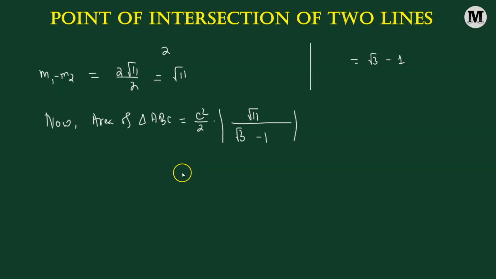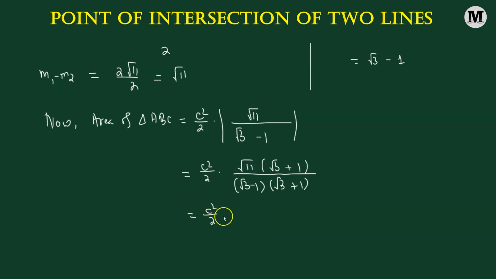Okay, so what we'll do, we're going to rationalize the denominator. So we have c squared over 2. In the numerator, we are going to multiply it with square root of 3 plus 1, and in the denominator, we have square root of 3 minus 1 multiplied to square root of 3 plus 1. That's going to give us c squared over 2 times square root of 11 times square root of 3, that's simply square root of 33, added to square root of 11 times 1, so that's square root of 11, divided by square root of 3 minus 1 times square root of 3 plus 1.